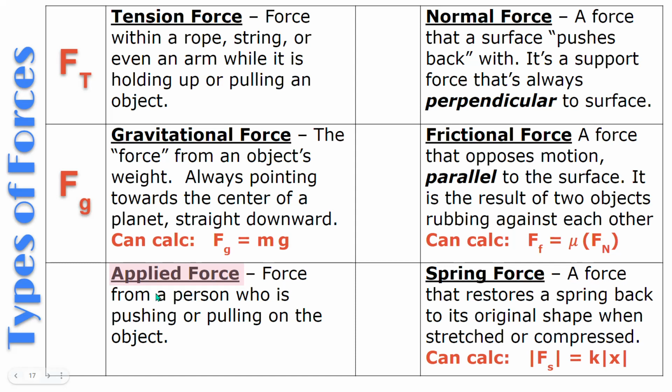Applied force, we're going to abbreviate F sub A, and it is the force from a person who is pushing or pulling on an object. Normal force, F sub N. Again, you'll notice all of these just have the first letter from the name. It's going to continue. F sub N is the force that a surface pushes back with. It's the support force, and it is always perpendicular to the surface.